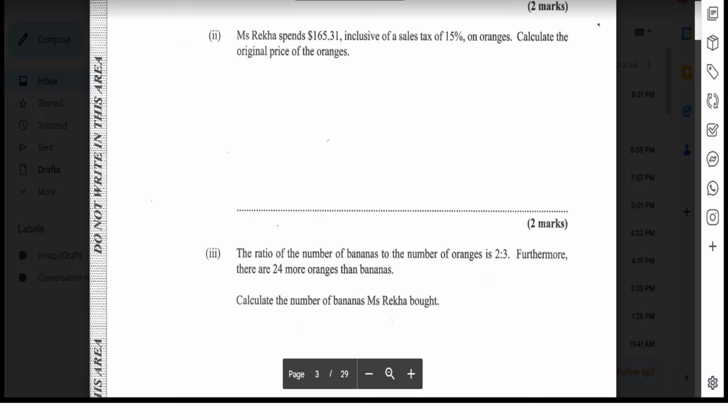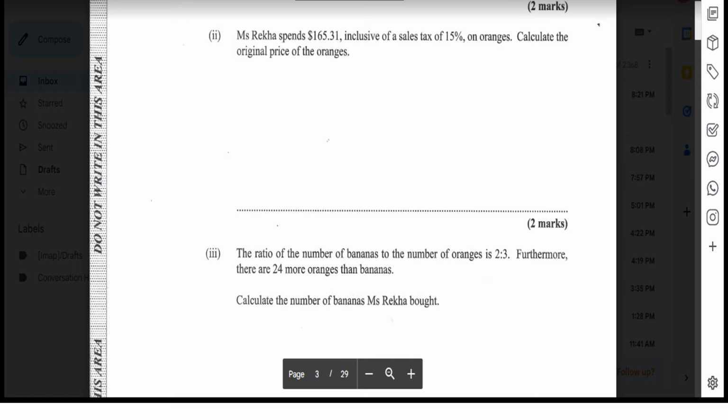The second part of the question reads, Miss Rika spends $165.31 inclusive of a sales tax of 15% on oranges. Calculate the original price of the oranges.